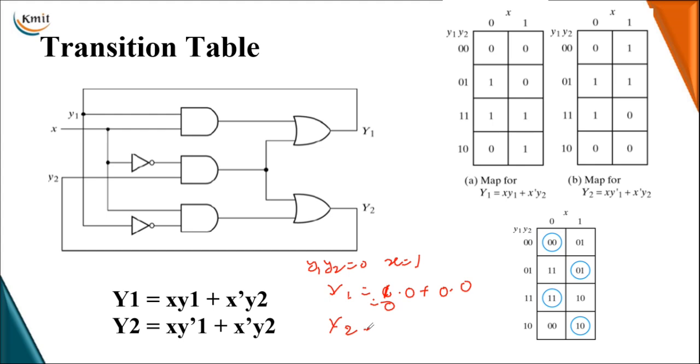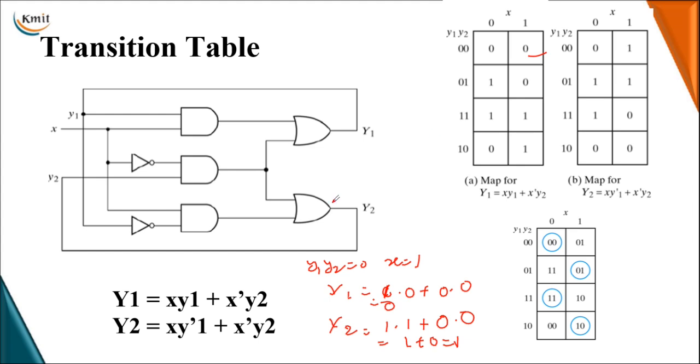Next, capital Y2 is x is 1, so y1 bar is 1 plus x bar, which is 0, y2 is 0. Hence 1 and 1 is 1, 1 or 0 is 1. So for the present state 0 0 and x value 1, Y1 is 0 and Y2 is equal to 1.